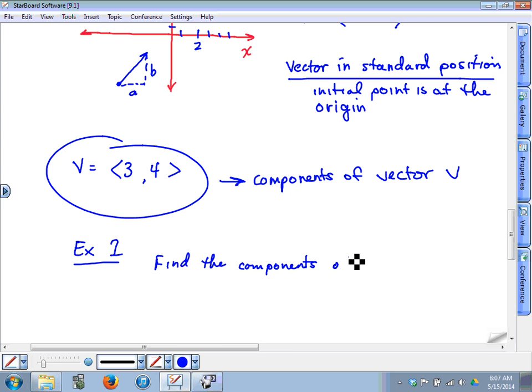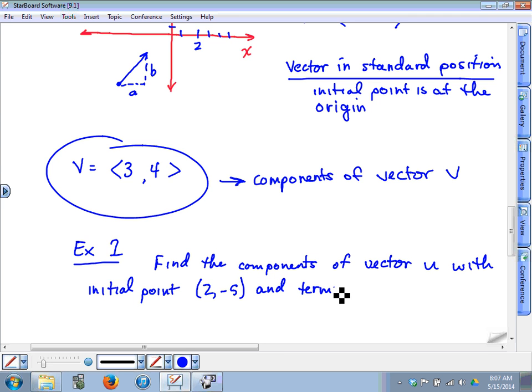Find the components of vector u with an initial point 2, -5 and terminal point 3, 7.